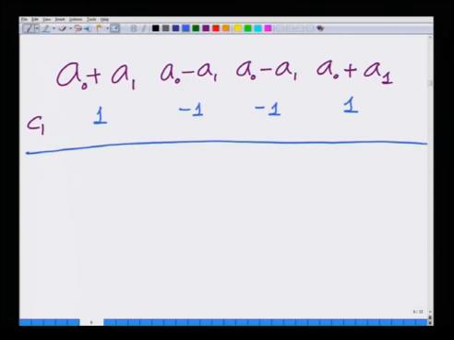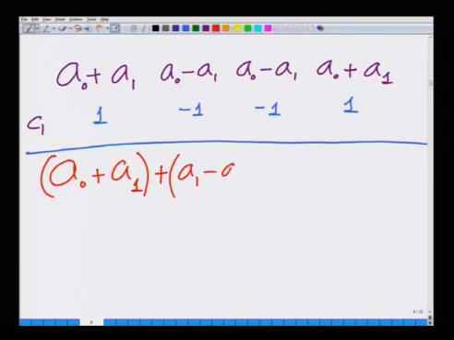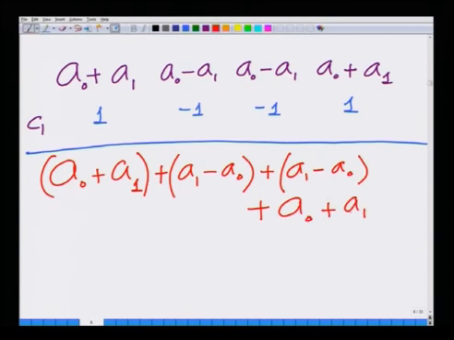Now, let me multiply it with the code of user 1 and add it up and let us see what we get. A0 + A1 times 1, that gives A0 + A1, plus A0 - A1 into -1, that gives me A1 - A0, plus A0 - A1 into -1, that gives me A1 - A0, plus A0 + A1 into 1, that gives me A0 + A1.